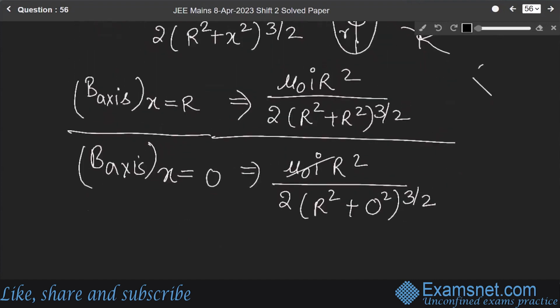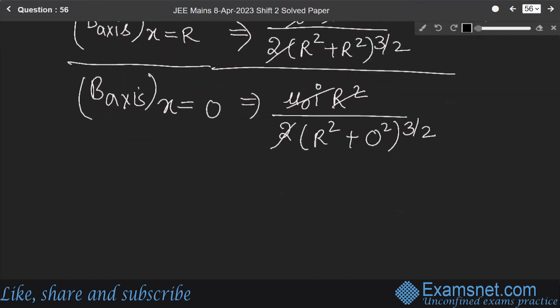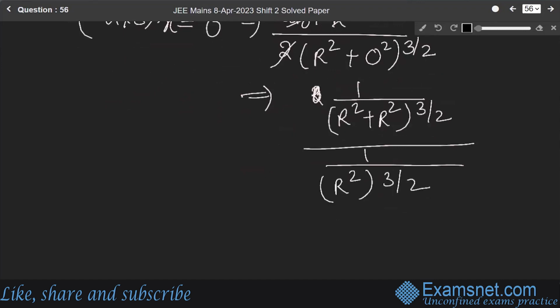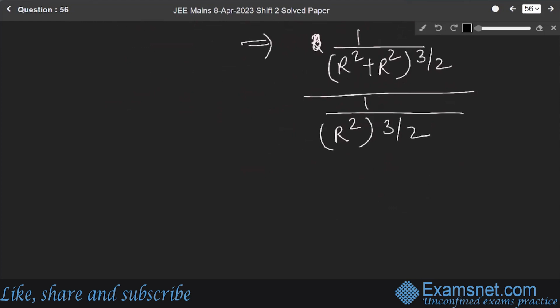Now solving it, mu naught I cancels out, r square cancels out, 2 cancels out. So we get 1 over r square raised to the power 3 by 2 over 1 over (r square plus r square) raised to the power 3 by 2. So we are left with (2 r square) raised to the power 3 by 2, that is, 2 raised to 3 by 2 into r cube over r cube.